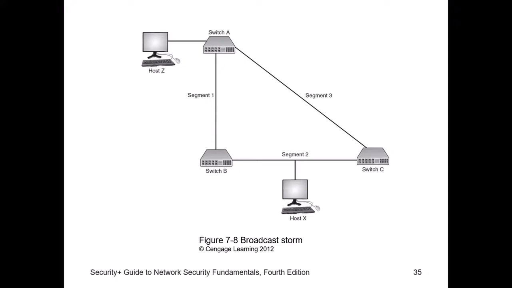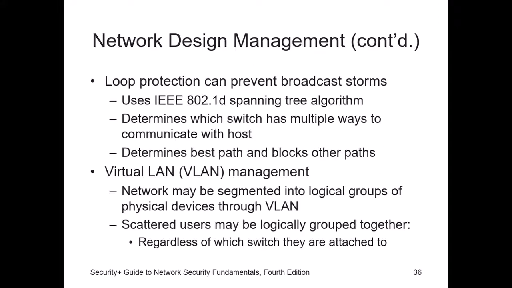Also it allows you to have redundant links between switches. Without STP, having redundant links, you're going to have broadcast storms and frame looping. No good. All right. Loop protection using STP falls under 802.1D. That's the spanning tree protocol, right?